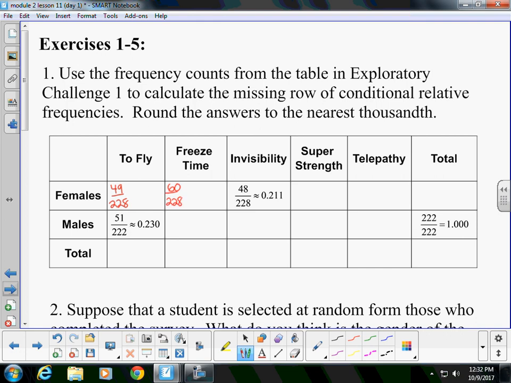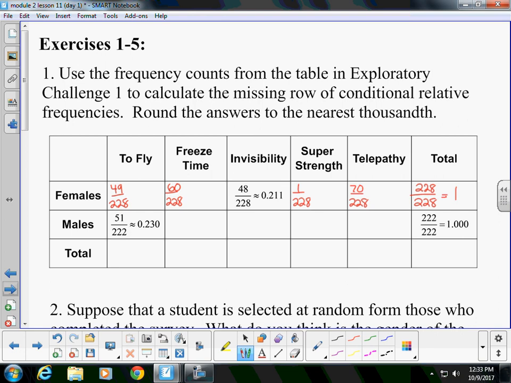For super strength, it was only one female out of 228 females. And telepathy was 70 females out of 228 females. And then the total, there were 228 females out of 228, which anytime you divide something by itself, you would get 1.